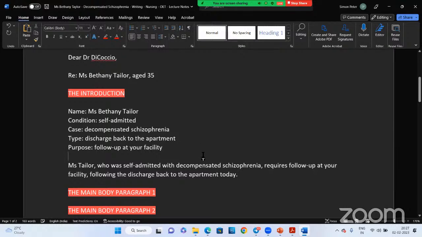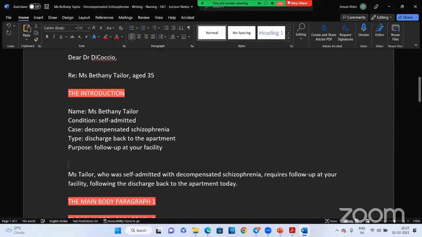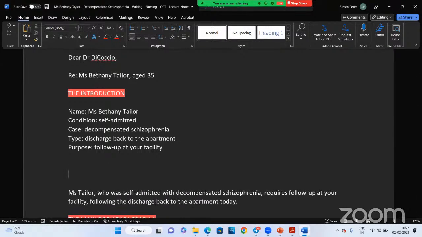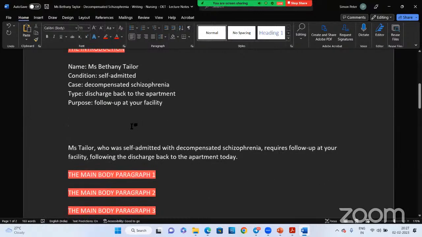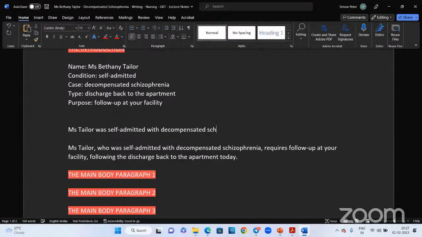Okay, now let us see from where this sentence has come. Miss Taylor was self-admitted with decompensated schizophrenia.